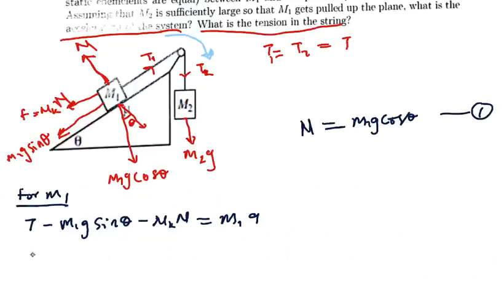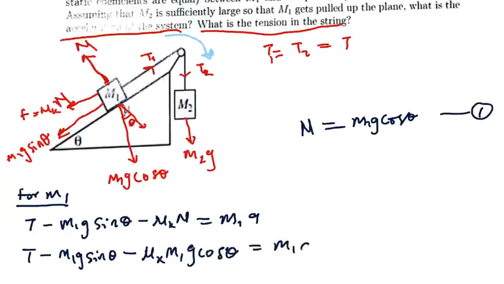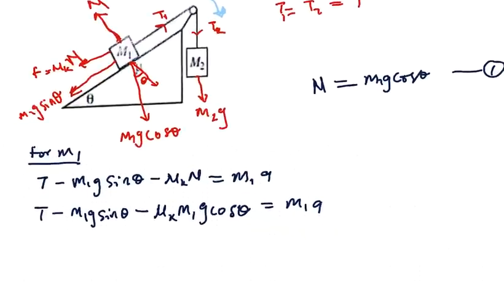With N equal to m1 g cos theta, this becomes T minus m1 g sine theta minus mu k m1 g cos theta equal to m1 a. So this is for mass 1, so let's call this equation 2.